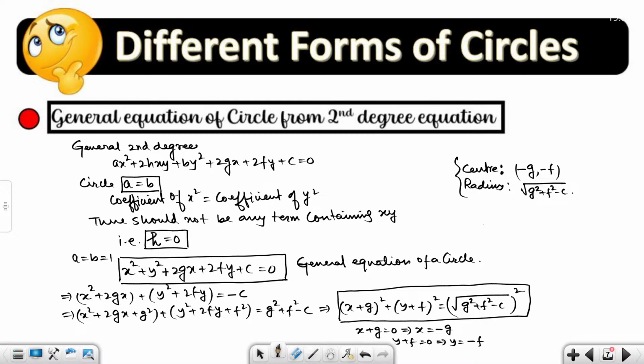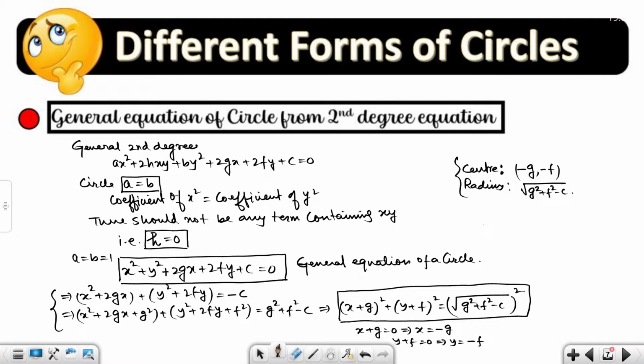Now a question will come: sir, if the general equation of a circle is given to us, every time do I have to go through all this to convert it into center radius form, and then only can we predict its center and radius?